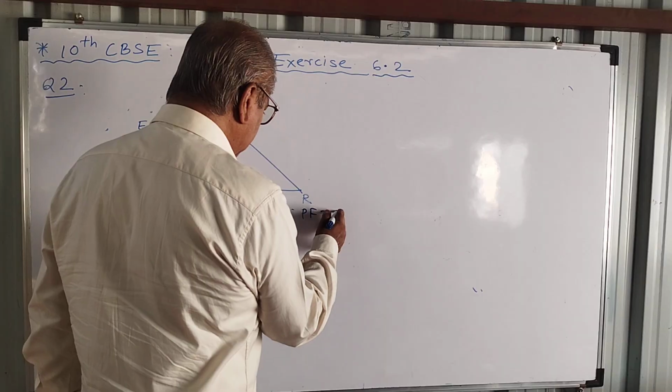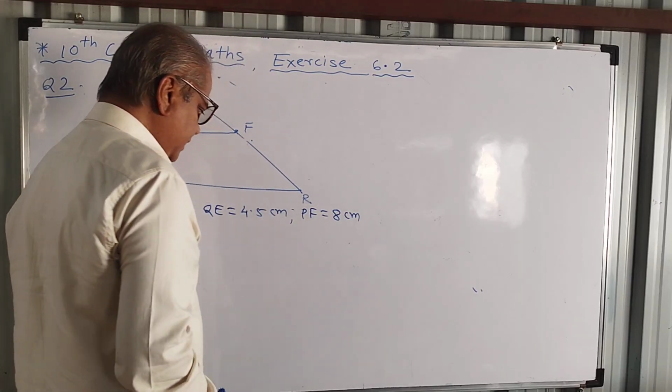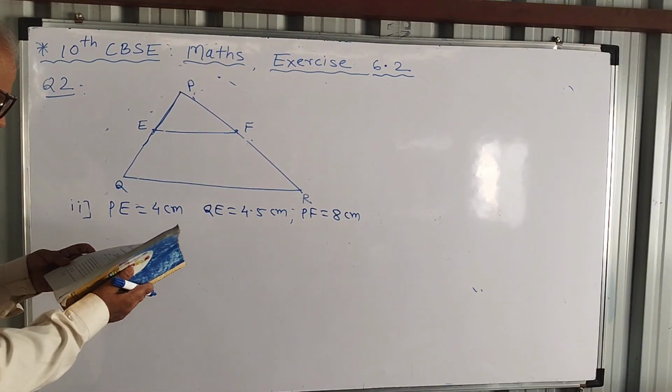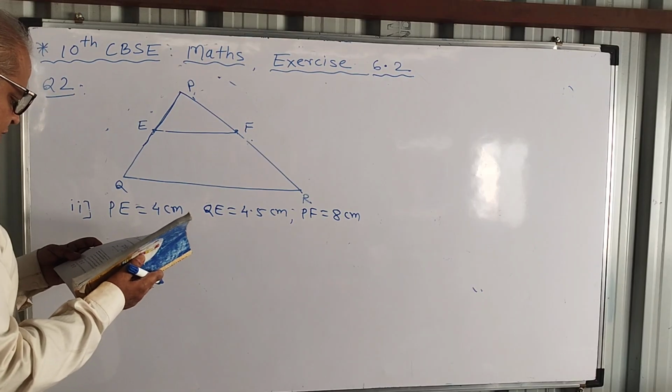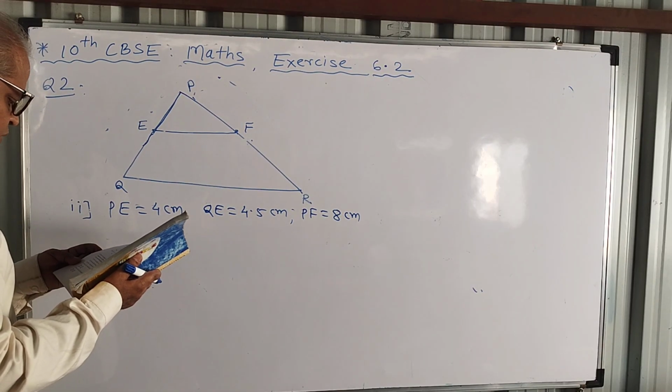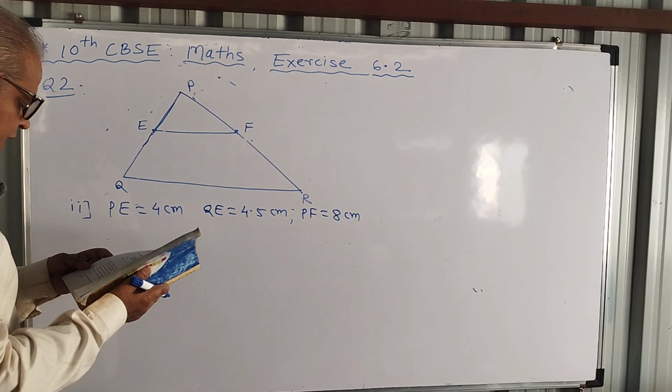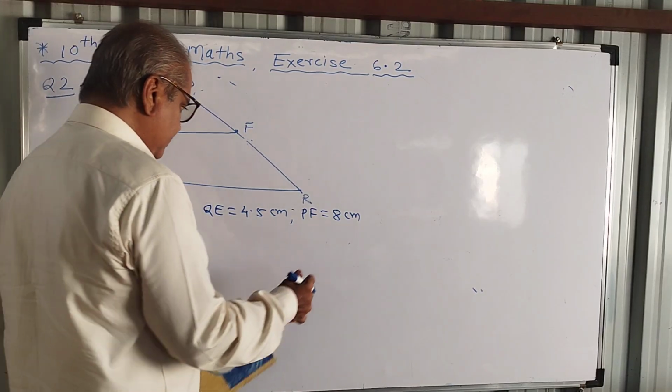See, be very careful while writing dimensions. Very important to write the dimensions properly. PE is equal to 4 centimeter, QE is equal to 4.5, PF is equal to 8, and RF is equal to 9.